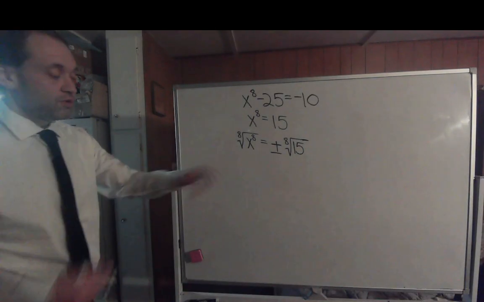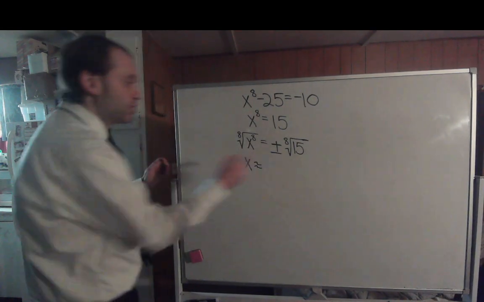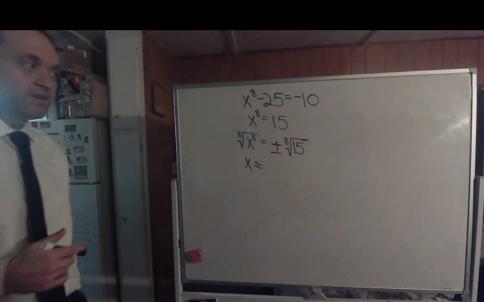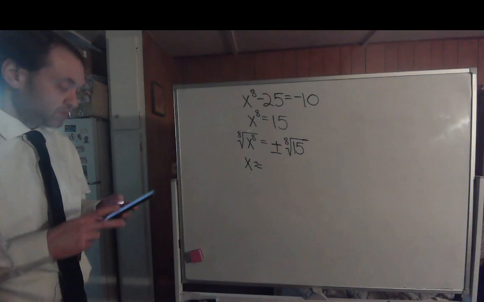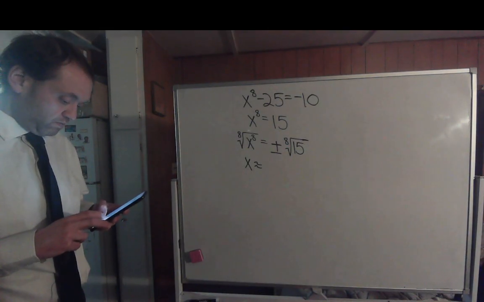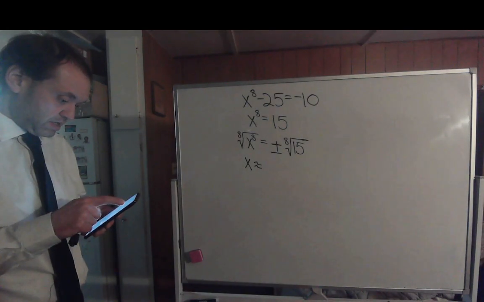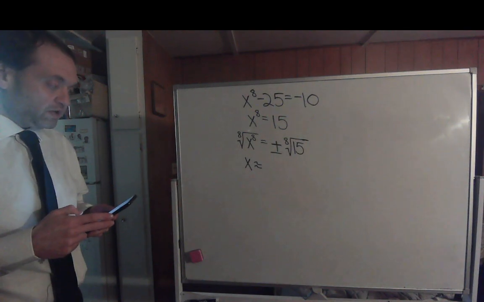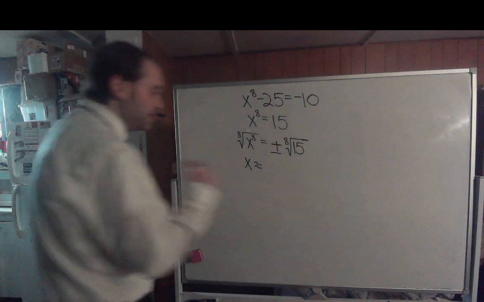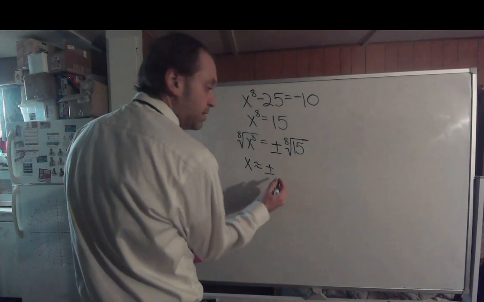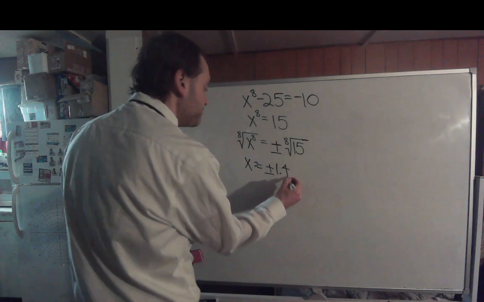Well, the 8th root of x to the 8th is simply x. Now let's figure out some decimal approximations for that 8th root of 15. That would give you both plus and minus approximately 1.40 or 1.4.